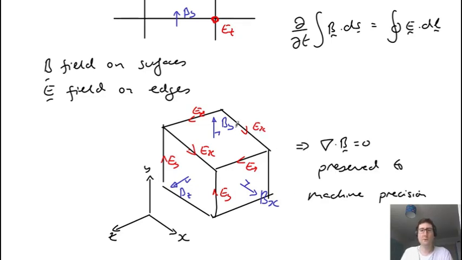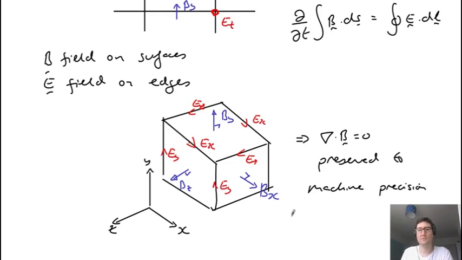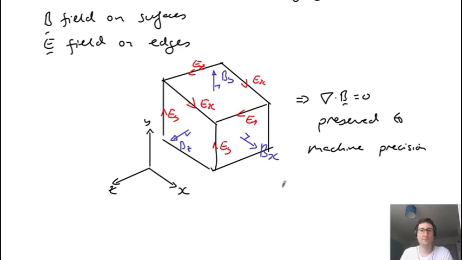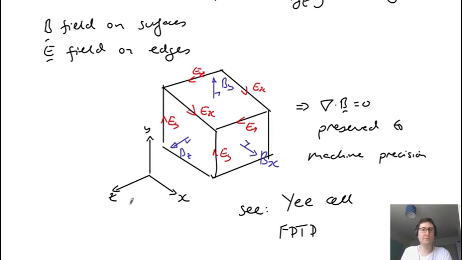This is also a quite widely used scheme for electromagnetics. If you're just evolving the electromagnetic field, say following waves through a system, what's quite often called the Yee cell. So if you look up Yee cell or the finite difference time domain, FDTD method from electromagnetics. It has some downsides.